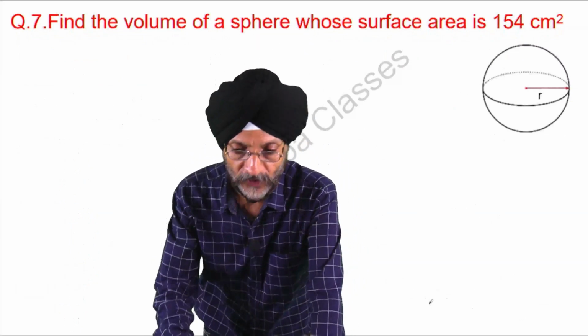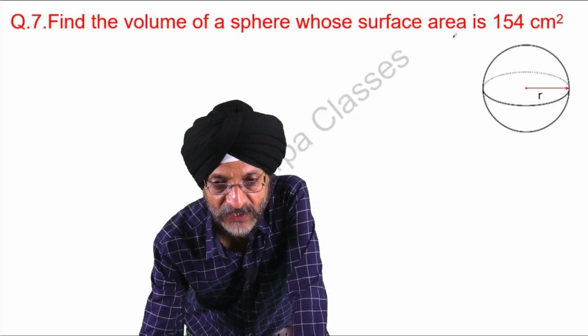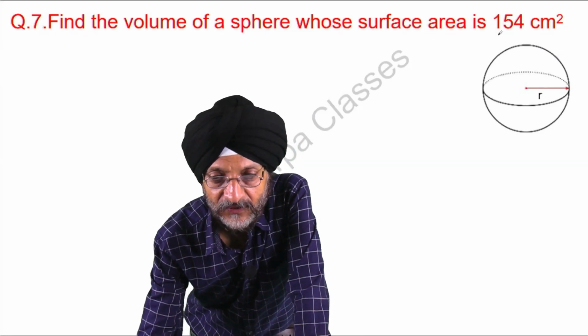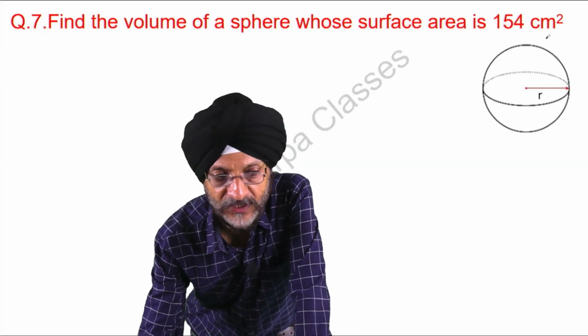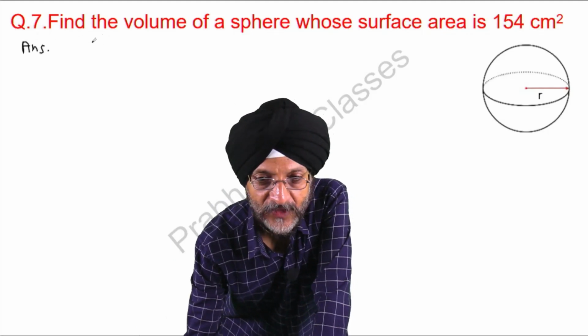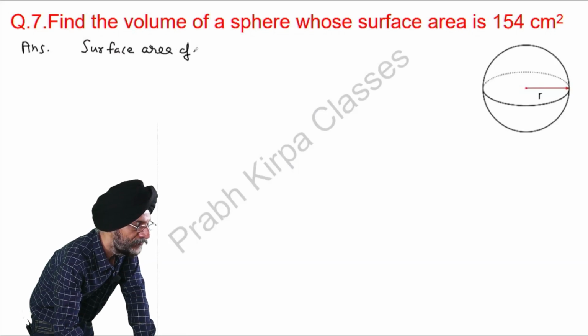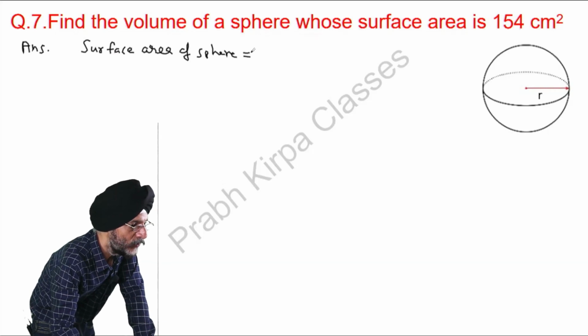Now the question before us is, find the volume of a sphere whose surface area is 154 square centimeter. So we will try to solve. Now what is given is surface area of sphere is equal to 154 square centimeter.